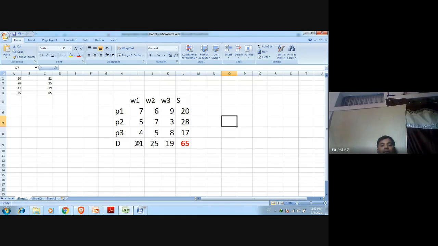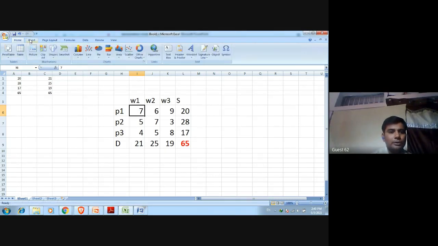So it means we can supply only 20 units to warehouse W1. Okay, we can supply only 20 units. It means we have to write down here, we have to insert a circle.